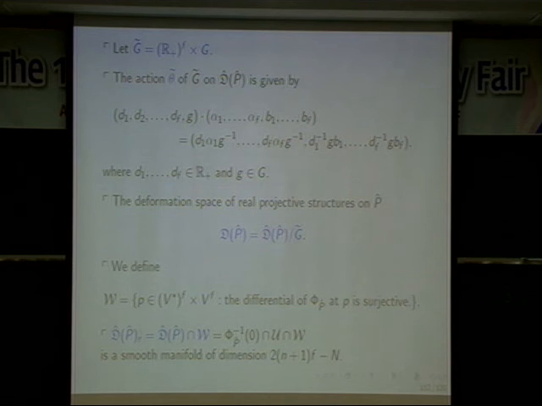If we only concentrate on the subset where the differential of the Weinberg equations at P is surjective, then of course the intersection part is a smooth manifold.